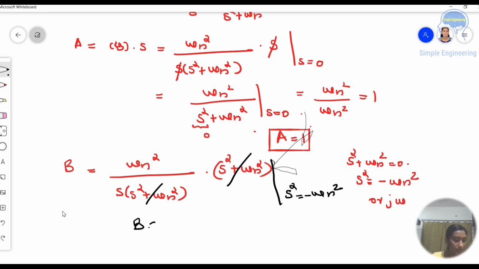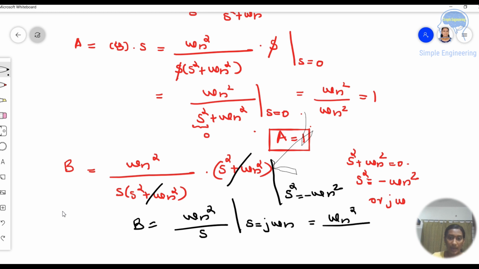So your B will be equal to omega n square / S at S square equal to minus omega n square. So S will be equal to j omega n. You have to substitute j omega n instead of S. So B will be equal to omega n square / (j omega n).